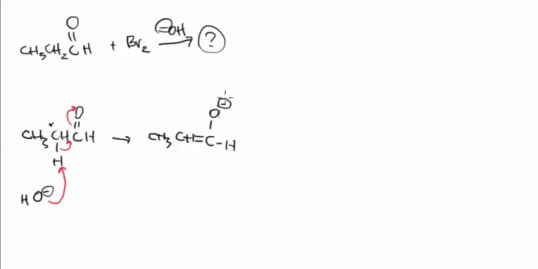And this is what we call the enolate ion. It looks kind of like an enol, right? And if an enol can rearrange, then guess what? An enolate ion can rearrange as well, because that idea never goes away.